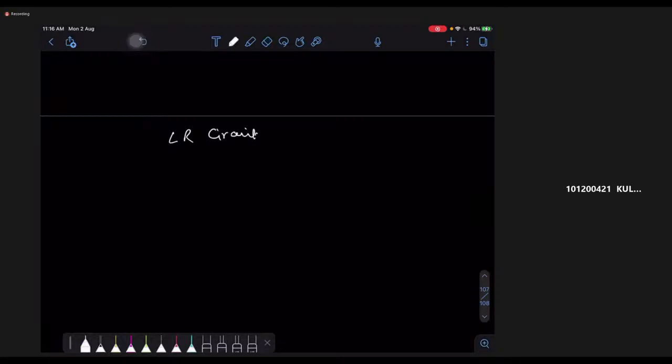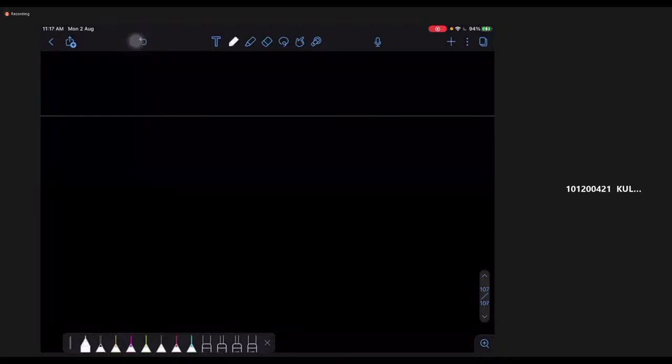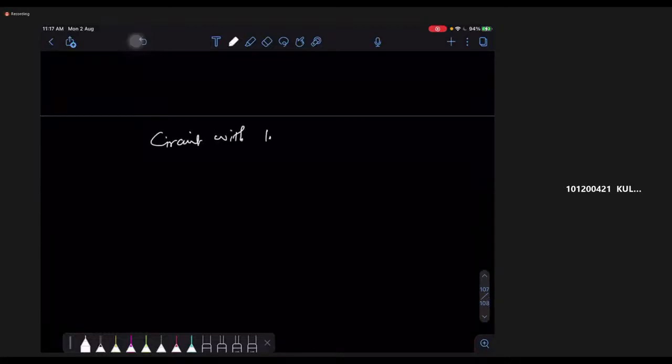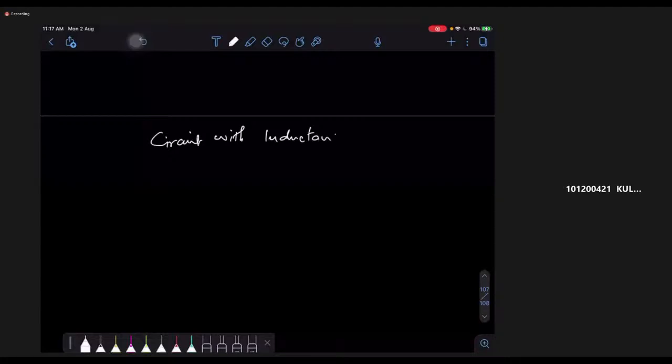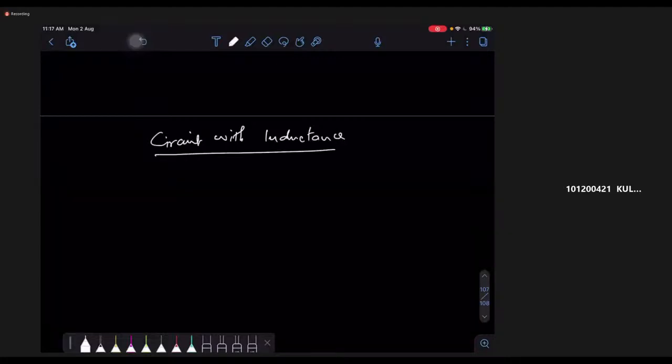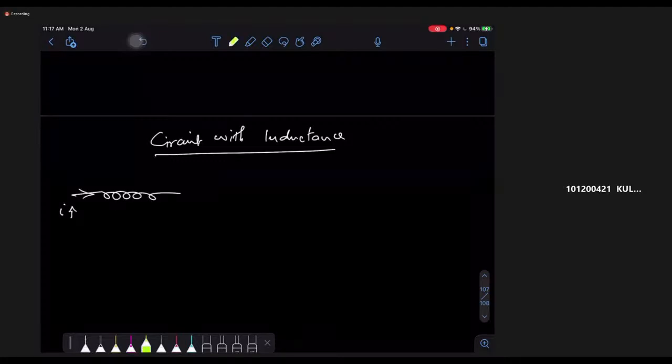LR is the first one you can discuss here, as a circuit with inductance. Whenever there is an inductor and my current is rising, there is a drop. And how much drop is there? L dI by dt.